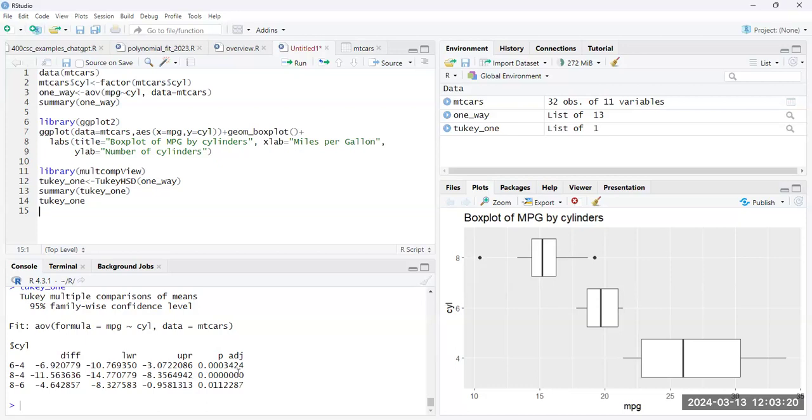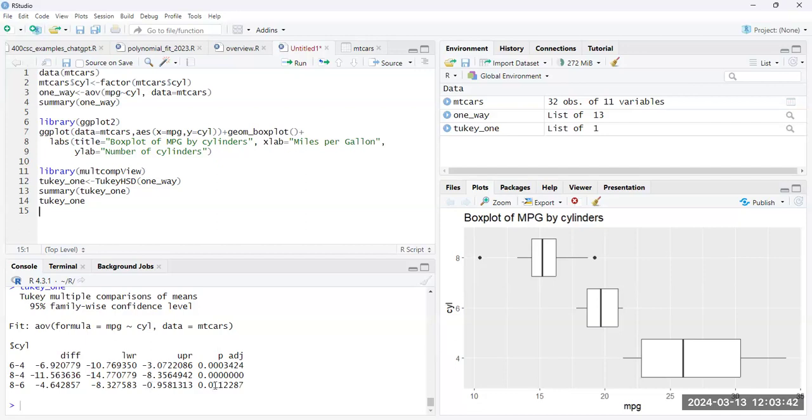And we can see that the adjusted p-value for these being very different from each other is almost 0, lower than the threshold of the calculation. And then the difference between the 8 and the 6 cylinders is smaller. It's only -4, but the lower bound is -8 and the upper bound is still just about -1.